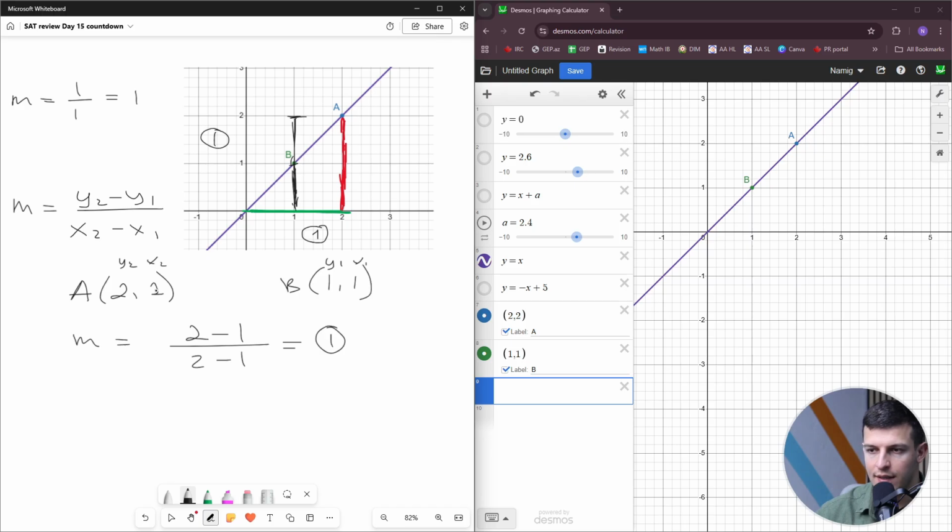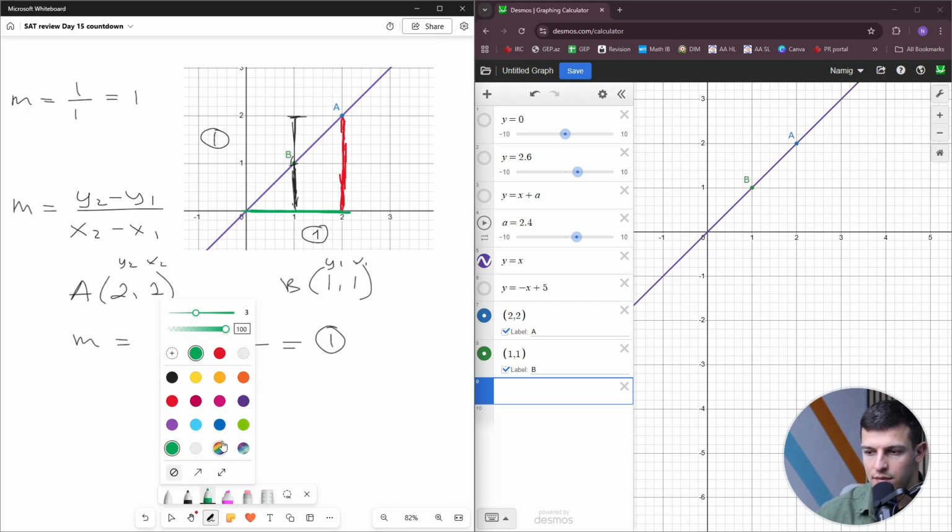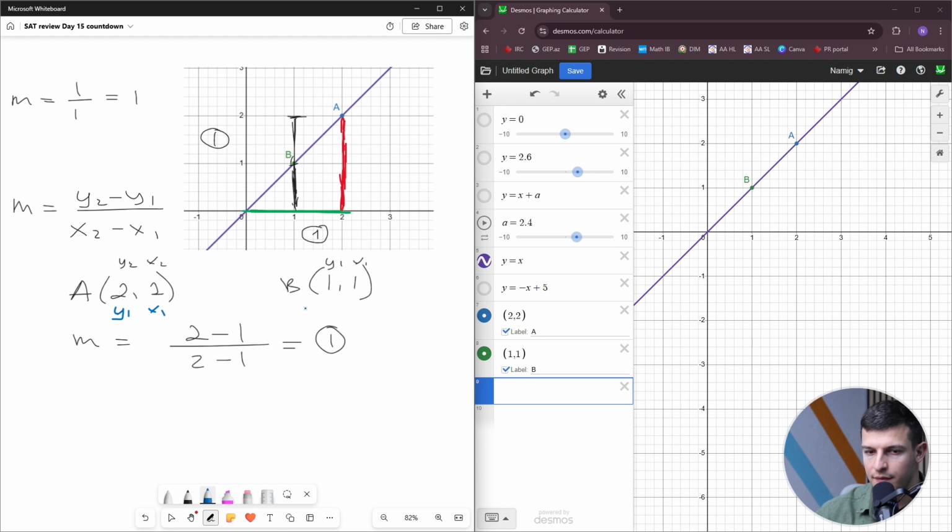Okay, and now let's switch it. Let me change this marker actually. Let's say this is x1, y1, and this is x2, y2. Oh, I made the same mistake on the other one, these need to be reversed.